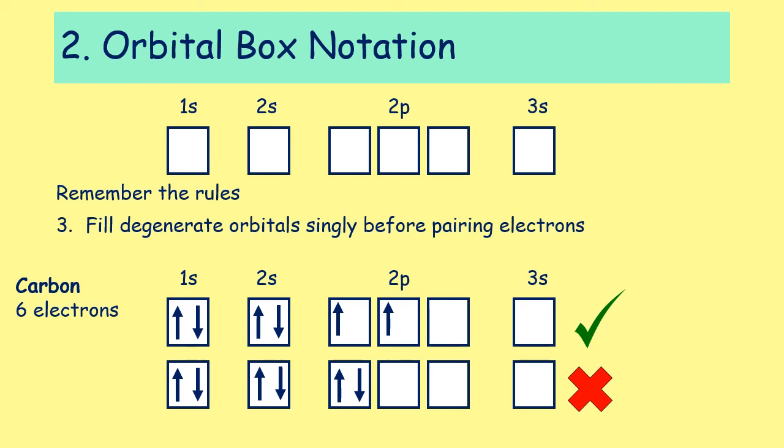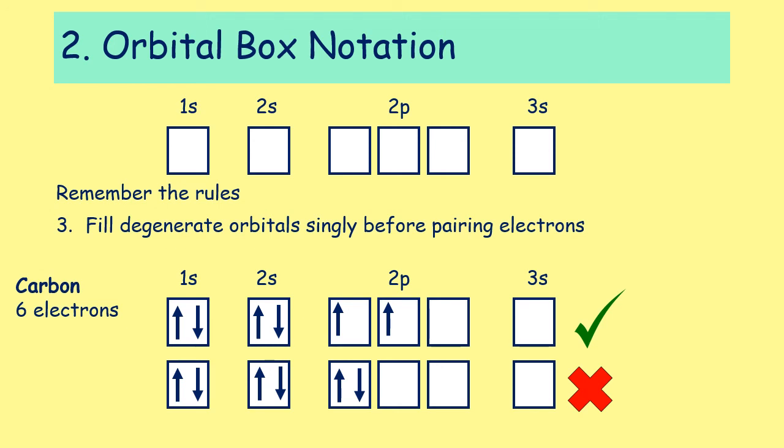But apart from those 2 examples, you need to follow the rules for orbital box notation. It is almost guaranteed that you will have an orbital box notation question within your final test. Spectroscopic notation, there is a chance that you will have it, but it is less likely.